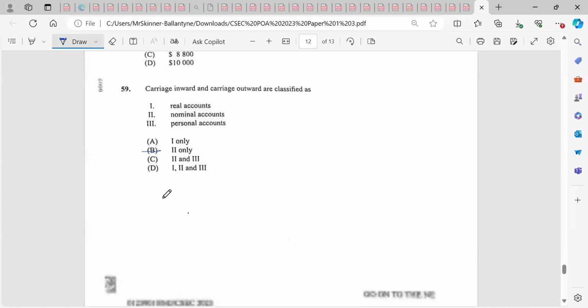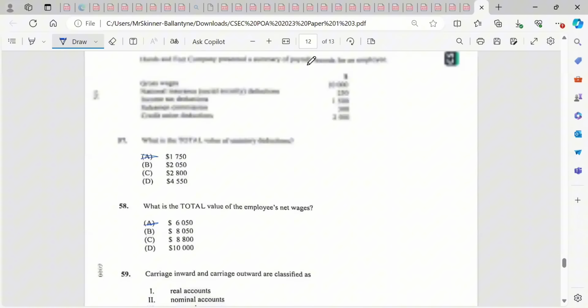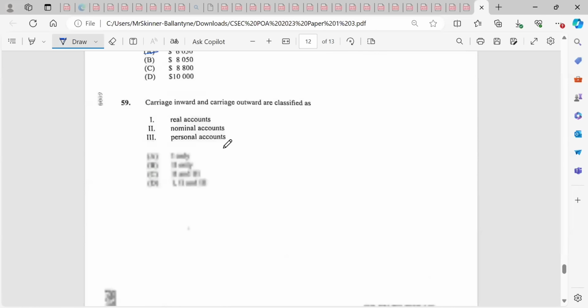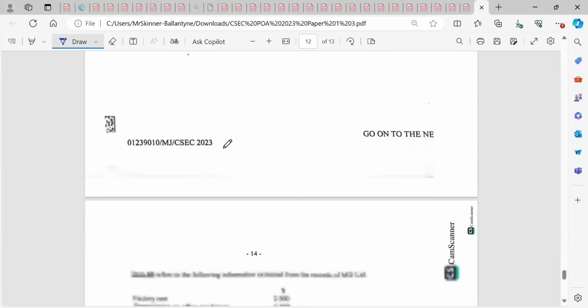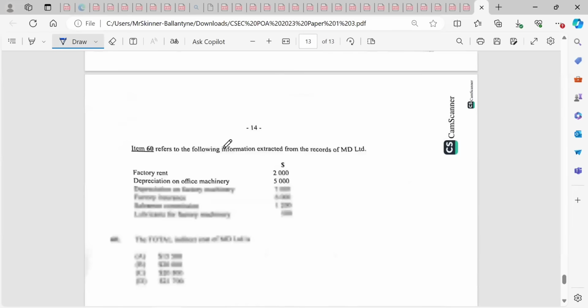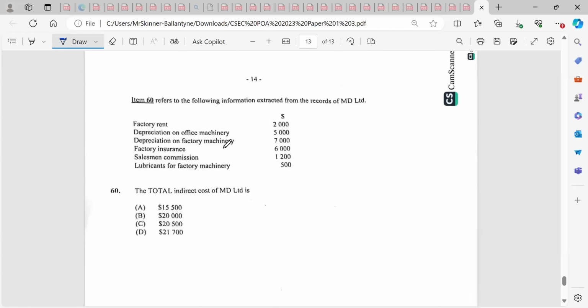What is special accounts? Is it the same as personal accounts? Special account, in what context? Usually in multiple choice, they ask which one is special, nominal, or real accounts. I've never seen special before.